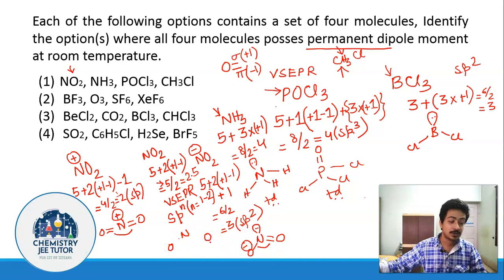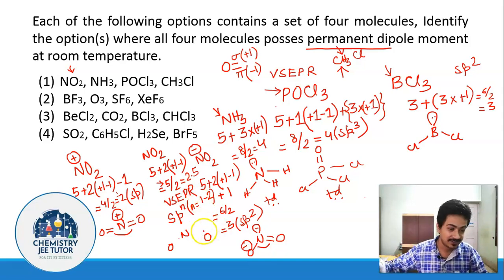Now how to draw the structure and how to take care of the Lewis dot structure? Let us understand this. Nitrogen has 5 electrons in its valence shell. Since it is an odd electron species, 1 electron has to be present like this. Now oxygen has 6: 1, 2, 3, 4, 5, 6.